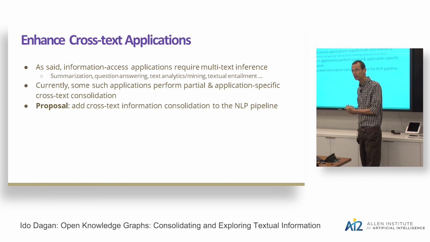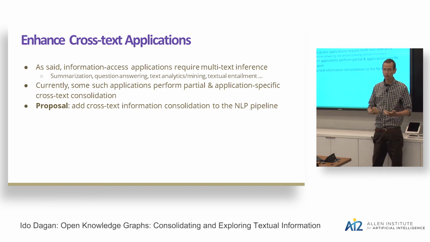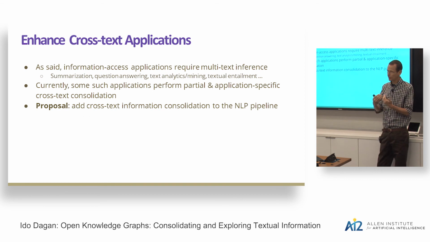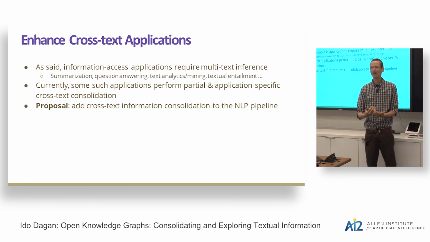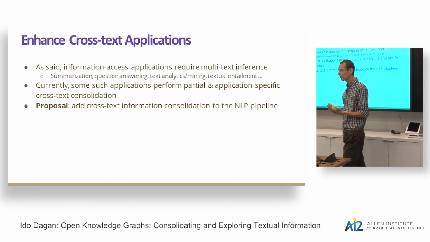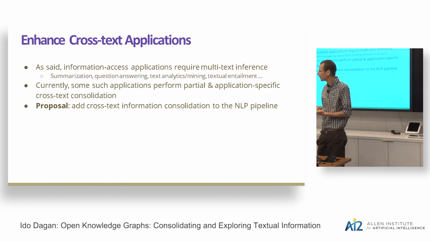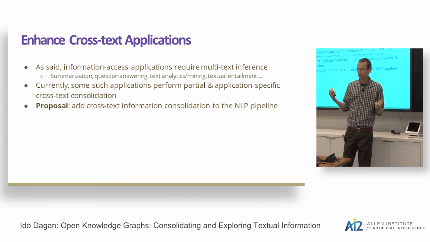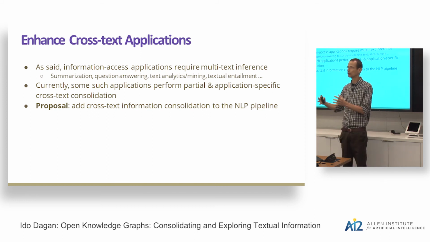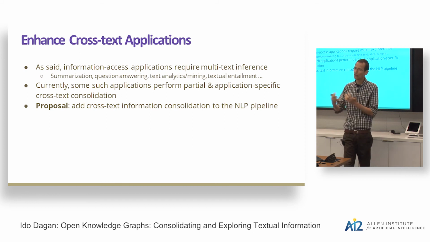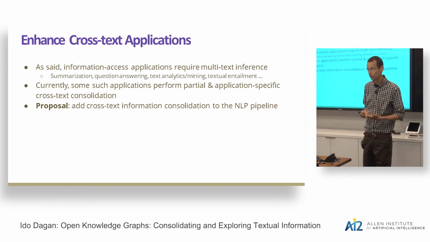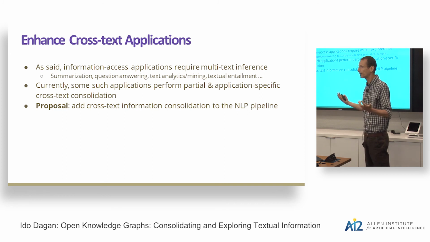So what we envision here is, once we have a corpus, to develop a pipeline, and in some time frame, add to the NLP pipeline a multi-text semantic parser that can take 100 documents and give you the knowledge graph describing them, which we believe could be very valuable for basically any kind of multi-text semantic application.